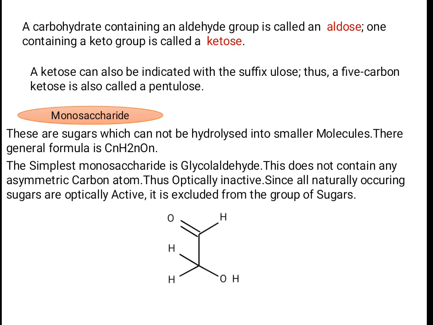This does not contain any asymmetric carbon atom, thus it is optically inactive. Since all naturally occurring sugars are optically active, it is excluded from the group of sugars. So this is the simplest carbohydrate, but it is not a sugar because it is optically inactive.